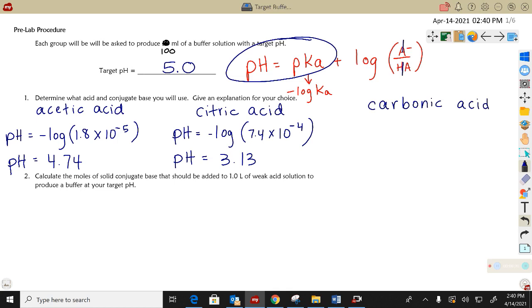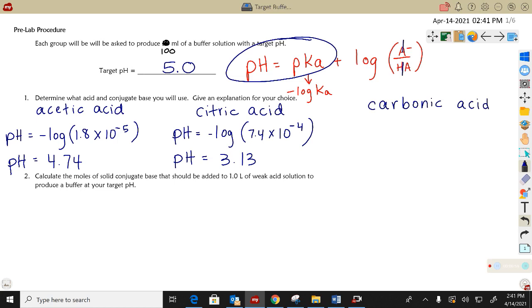There's an equilibrium constant for the first hydrogen, and then there's another constant for the release of the second hydrogen. The solid conjugate base that I'm using in the materials list is sodium bicarbonate. The sodium is a spectator, but then I have hydrogen carbonate, or bicarbonate, which means that it's just the release of 1 hydrogen from the original acid.